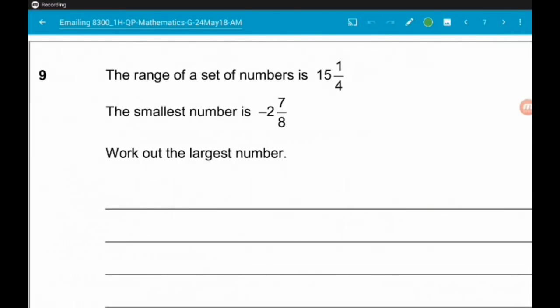Question 9. The range of a set of numbers is 15 and 1/4. The smallest number is -2 and 7/8. We want to work out the largest number. So, range is the biggest number minus the smallest number.